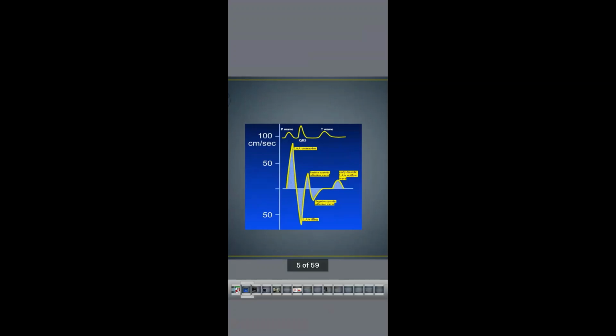The most important of which is this, and I wish you would try your best to focus on this. This one is the atrial contraction effect on the LA appendage flow, and this is the passive emptying of the LA appendage. So if you put them together, this is E and this is A.